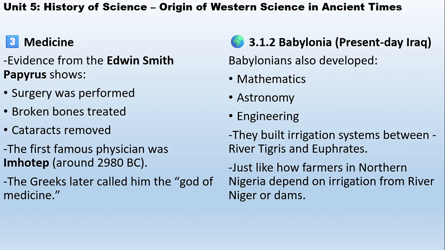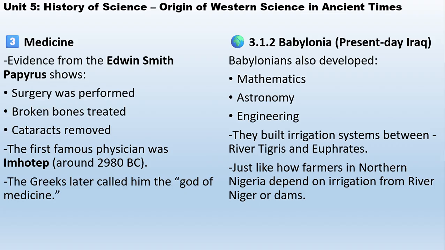Astronomy is the study of space, stars, planets, the universe, and the solar system. That's the meaning of astronomy, and you're able to study outer space. So the Babylonians were able to develop mathematics, astronomy, and engineering.